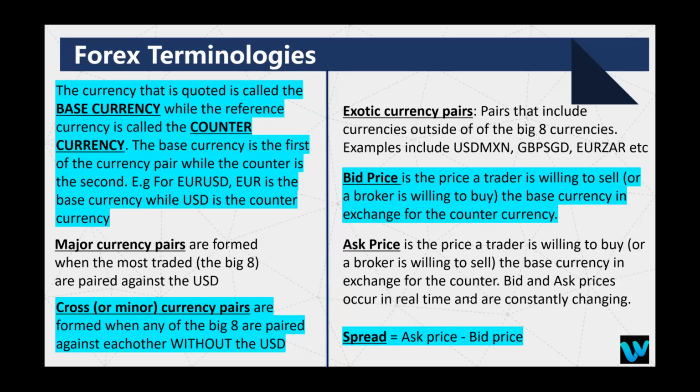Now, the one that will be bigger is the ask price, because that's the price the broker is selling. Remember what we said earlier, that when you go to the bureau de change, it sells at a higher price than it's buying. So the ask price is always going to be bigger than the bid price. Do you agree with me? Those that said bid, do you agree that the ask is going to be bigger?